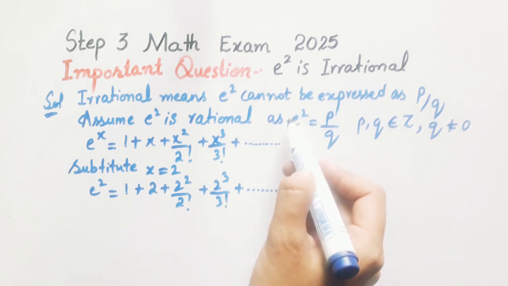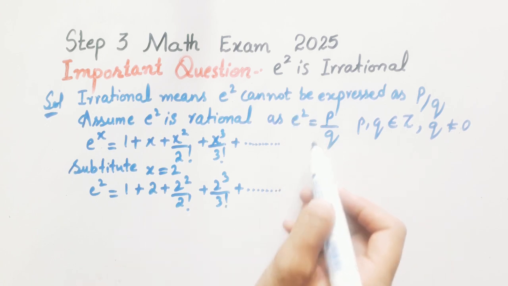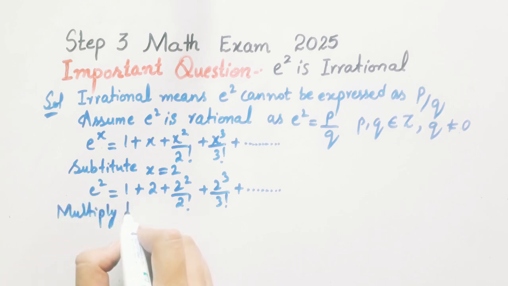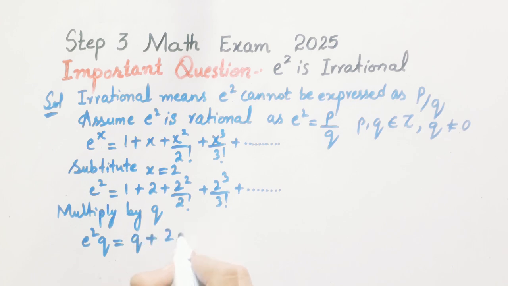Now we have to multiply e square by q. So this expression will become e square q is equal to q plus 2q plus 4q by 2 factorial plus 8q over 3 factorial plus, and so on.